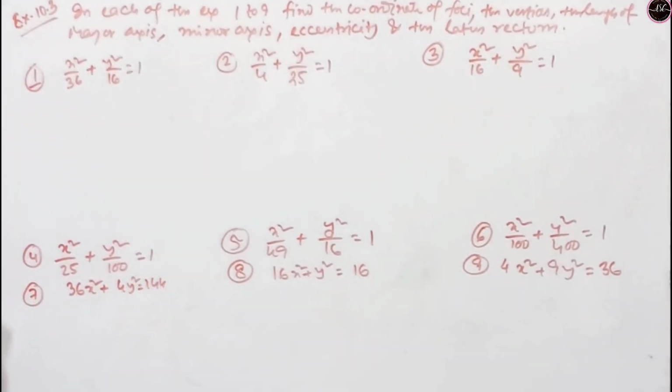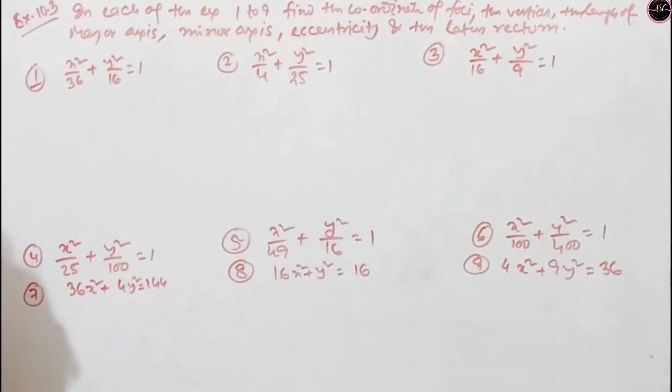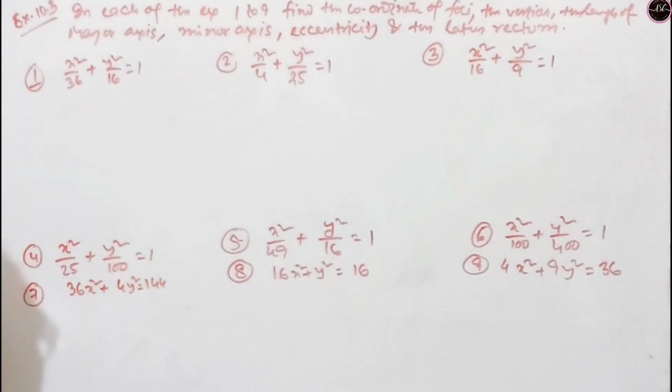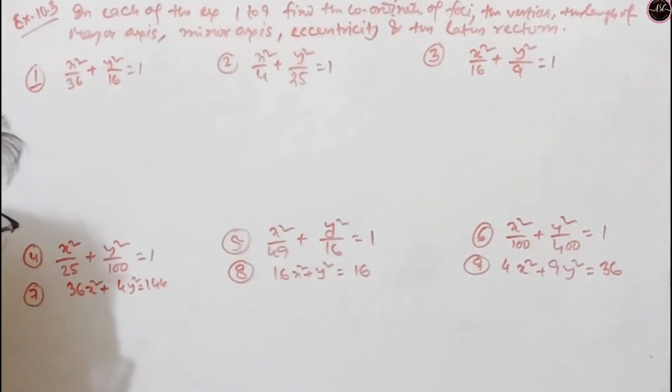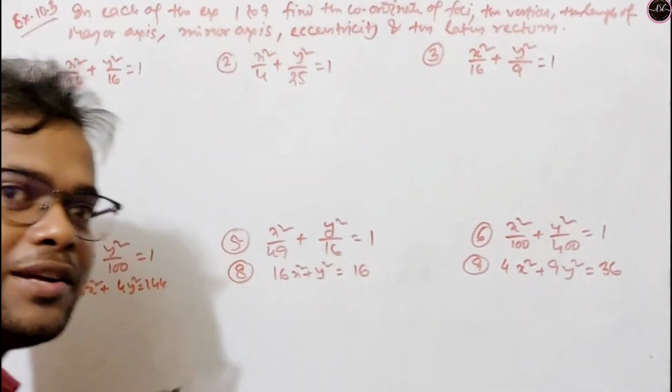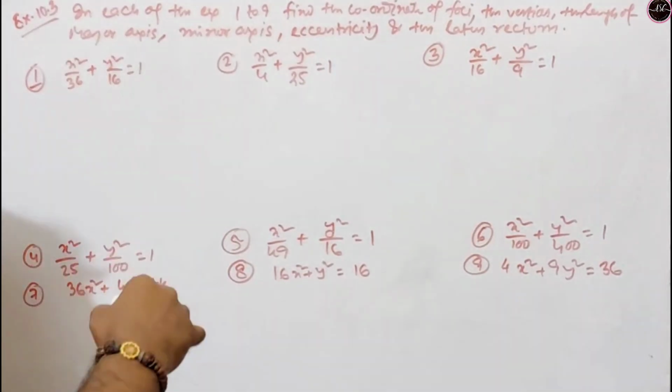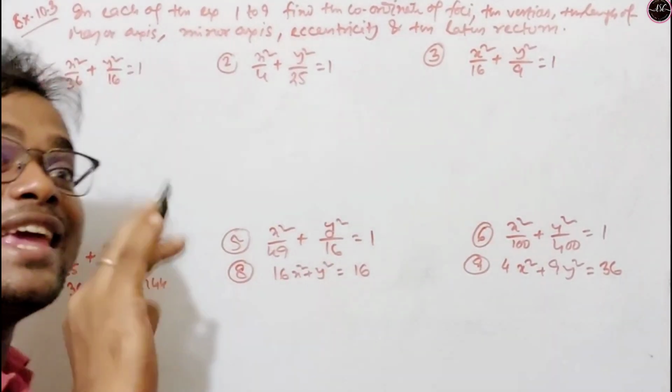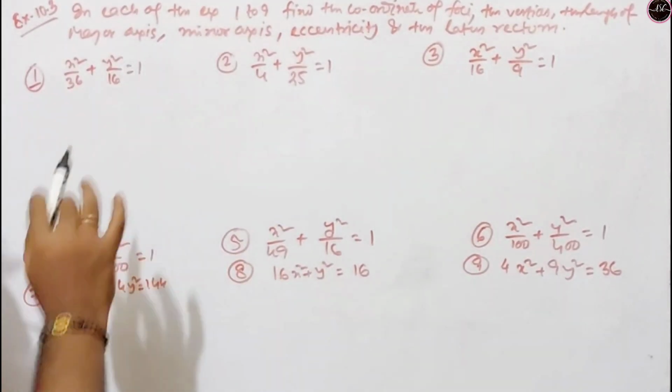Okay. So here just look, x square by 36 plus y square by 16 equal to 1. So here the coefficient of x square has larger denominator. So the axis of this ellipse is x axis. 36 is greater than 16.